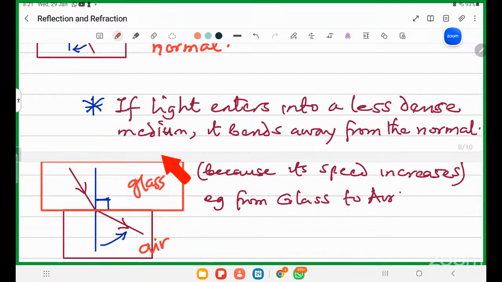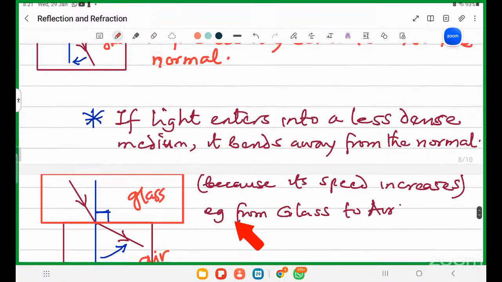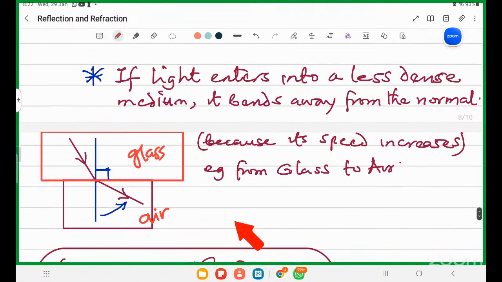So what's going to happen? The light will bend away from the normal. This is the normal and it is bending away from the normal. So you can see that the direction changes, the speed changes when a ray of light travels from different media. Okay, so that is in a nutshell the meaning of refraction.